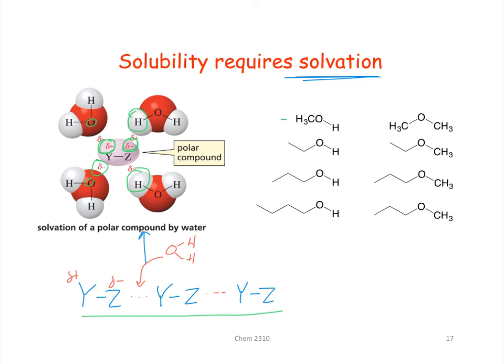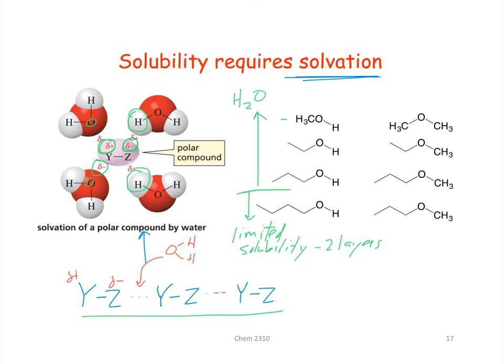Ethanol is still very soluble; we have ethanol in drinks, and they dissolve in water. Propanol is still soluble, but when we get to the size of butanol, it still has some solubility, but it will form two layers. So we call this limited solubility. It has two layers like oil and water.